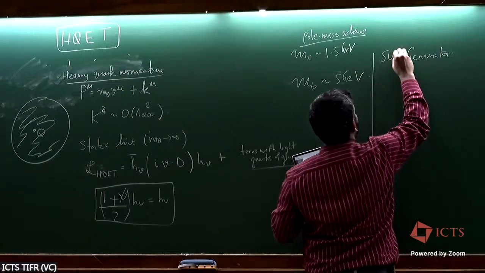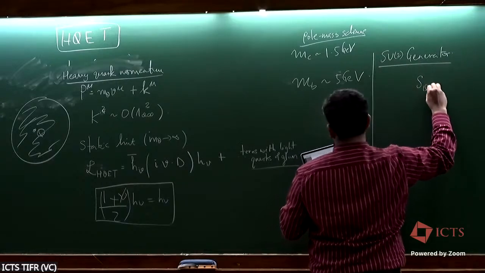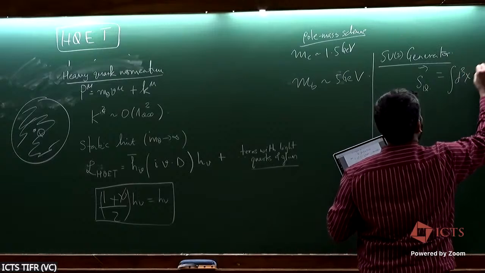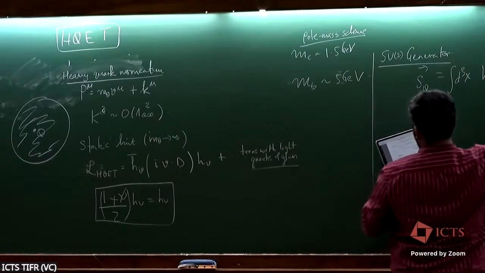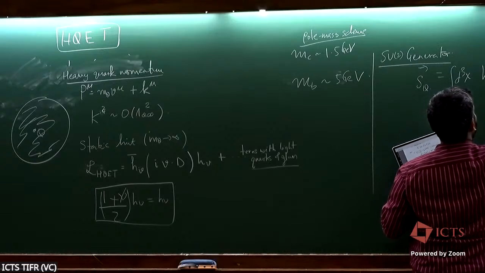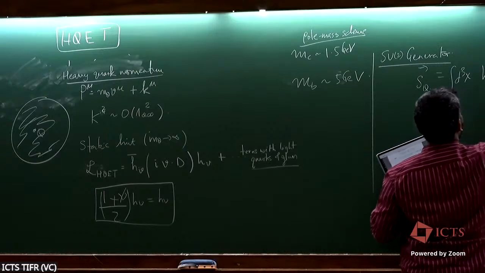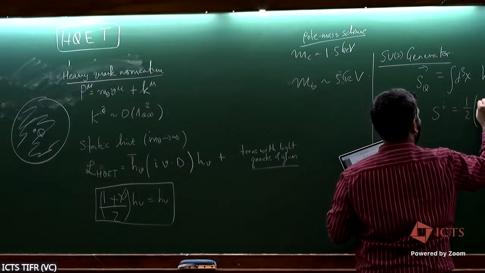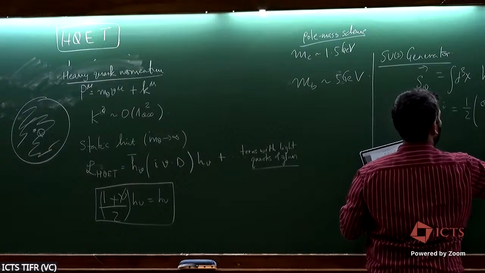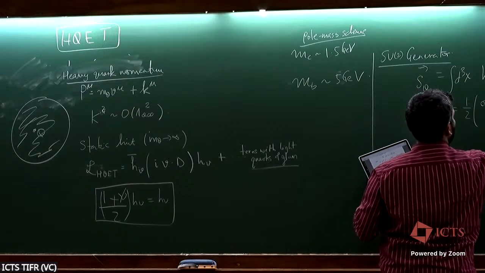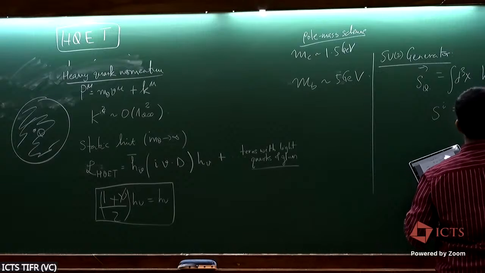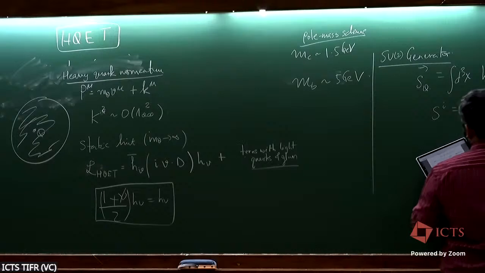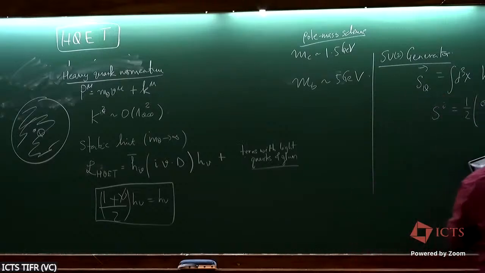this is my SU(2) generator. Where this spin operator is just given by the Pauli matrices. Or if you like, it can be written in terms of the Dirac gamma matrices in the hadron rest frame.